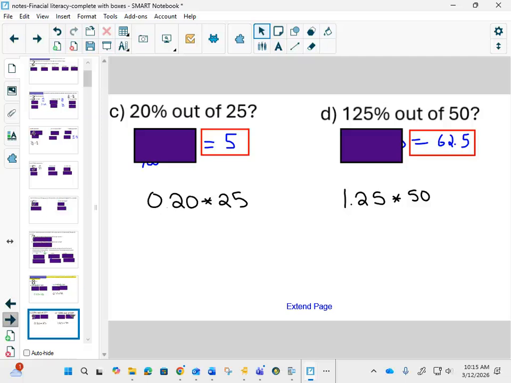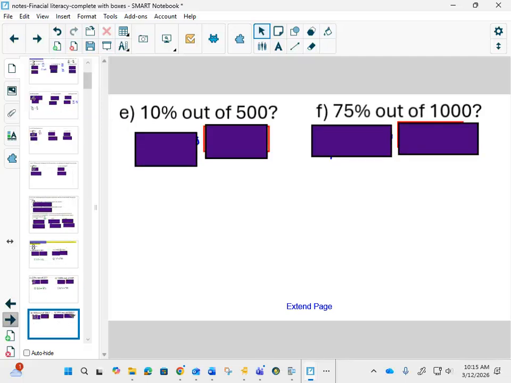See if you can do these next ones on your own. I'll put up the answers. Just show you the answers first. Did you get 50? Did you get 750?